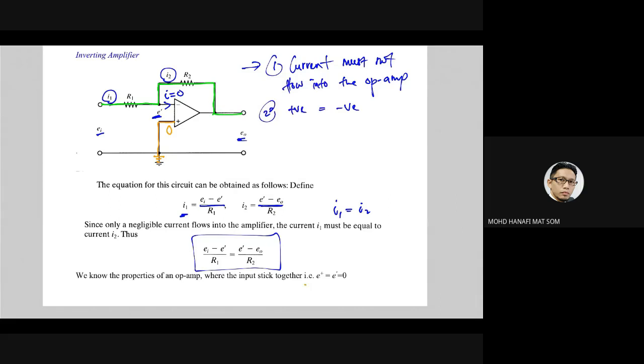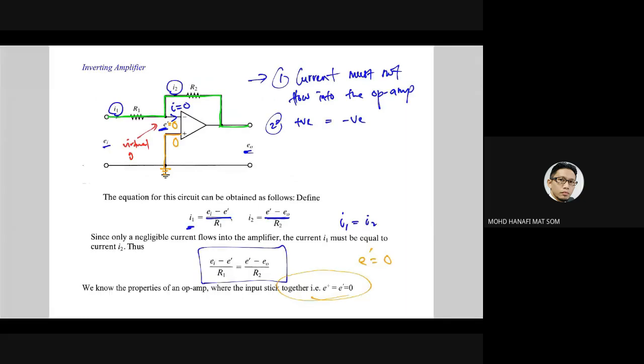Using the property of the op amp that the inputs stick together at the positive and negative terminals, we can say that E prime also has 0 potential over here. So it is 0 equals 0. At this point, it is said that this point is actually a virtual ground. Virtual ground.